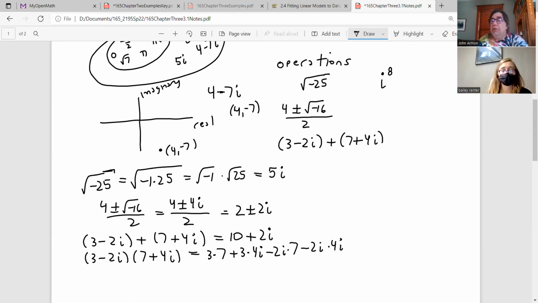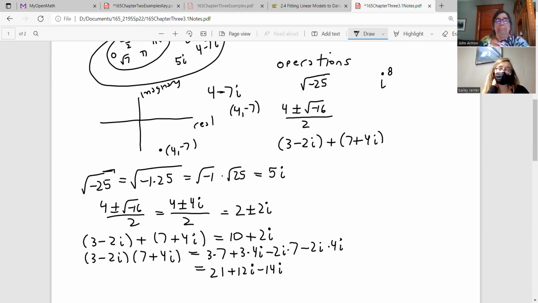So 4 terms, just like when you're multiplying binomials together. But what happens here is this will be a real number. This will be an imaginary number. This will be an imaginary number, so these two can be combined.